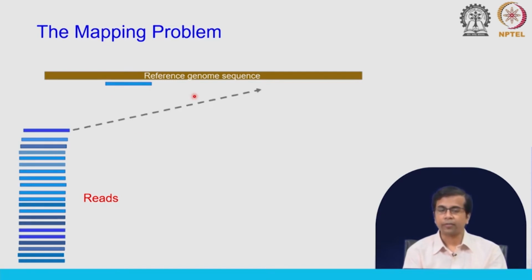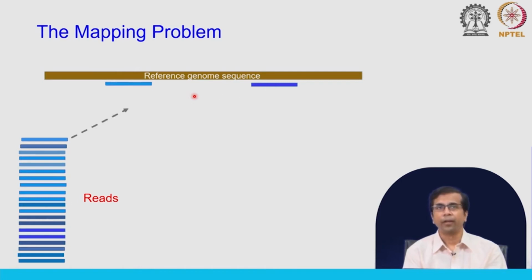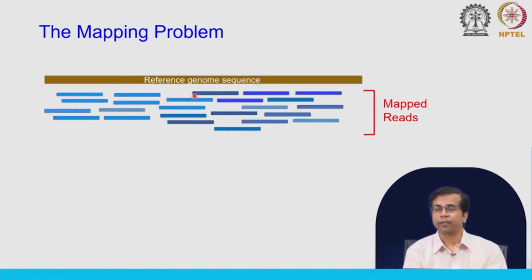We continue with these reads, and we see this read matches there and is mapped there, and we continue this process for all the reads. Finally, we get a picture where all reads are mapped against the reference genome and we know their location. Now, this sounds very simple, but there are of course many challenges which we will discuss today.